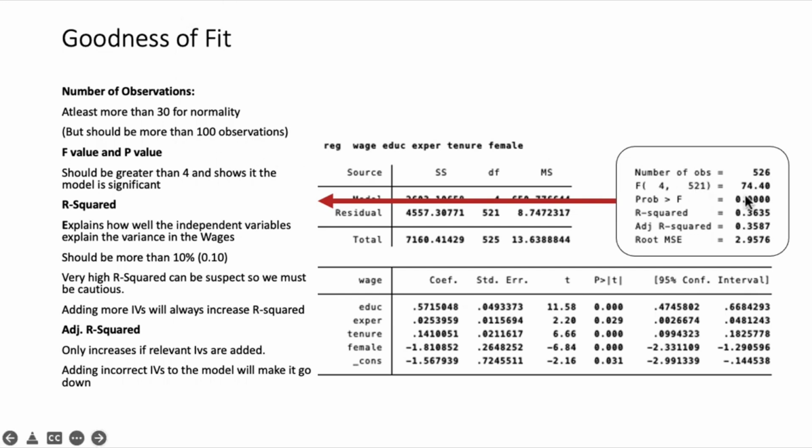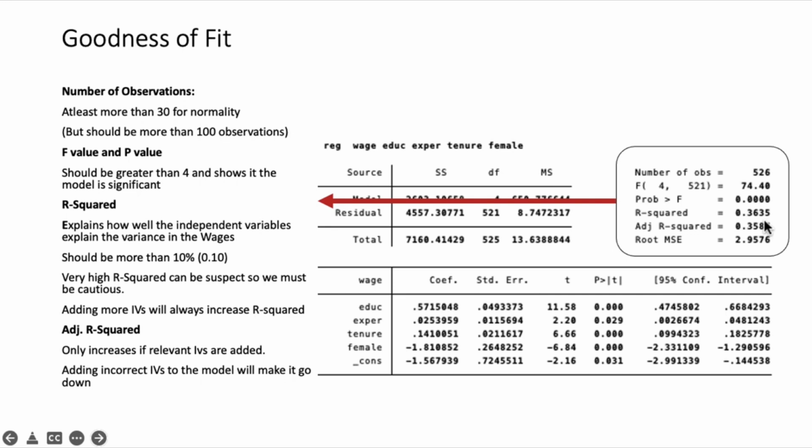Then you have the f value and the p value. The p value needs to be significant and the f value has to be greater than 4. This tells you that jointly your independent variables are better than a model where there was no independent variable. Then you look at the R square, and the R square is basically 36.35%.